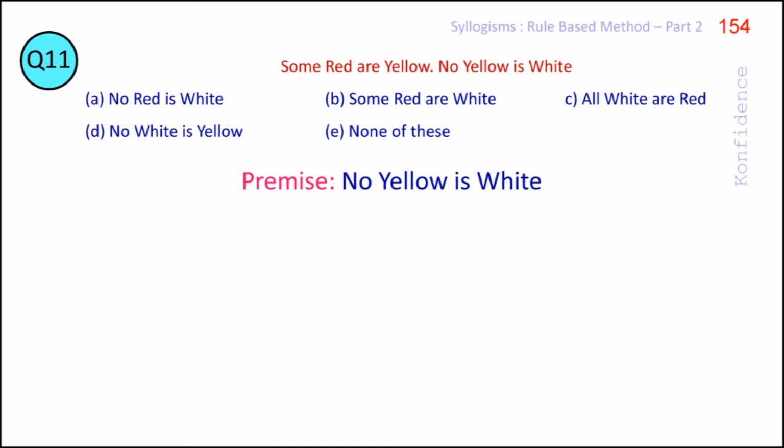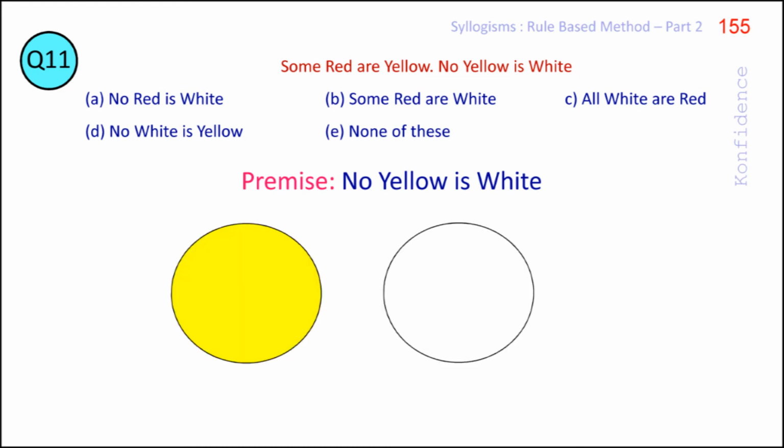Conclusion D is, no white is yellow. That is true, isn't it? If no yellow is white, then it means that there are no common elements between yellow and white, and so the option D, no white is yellow, is also true and hence the answer.